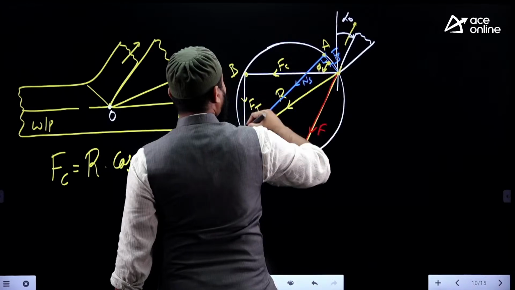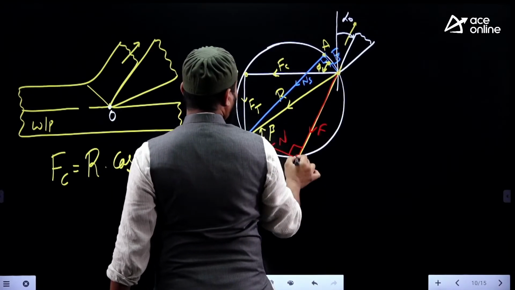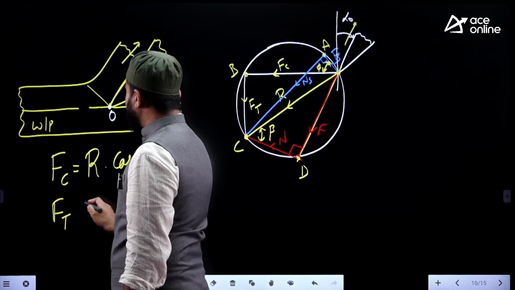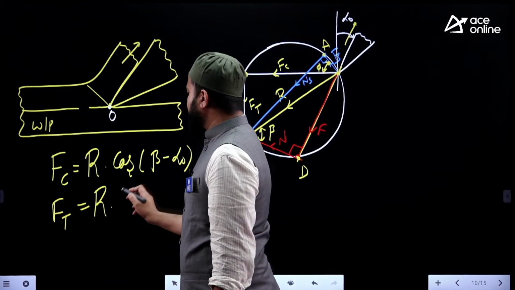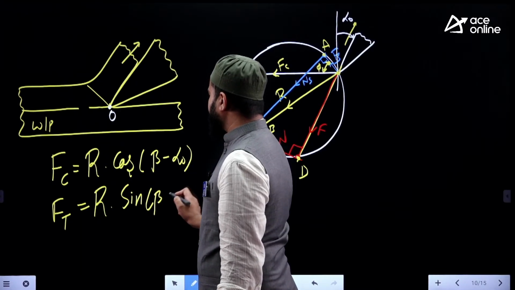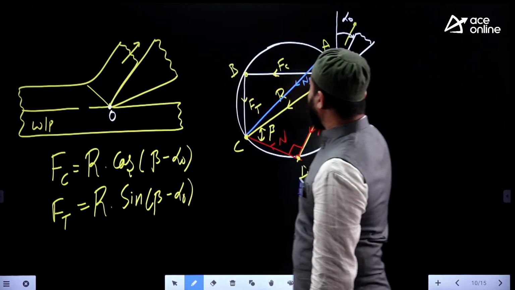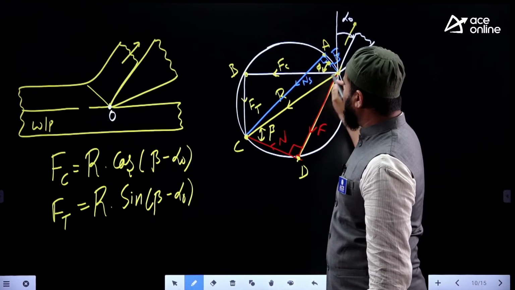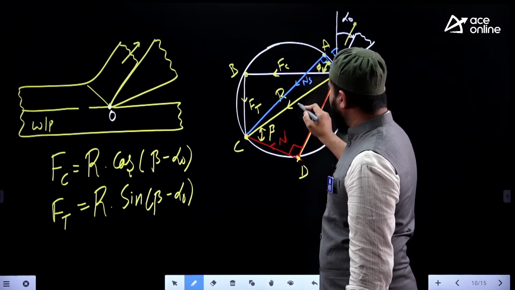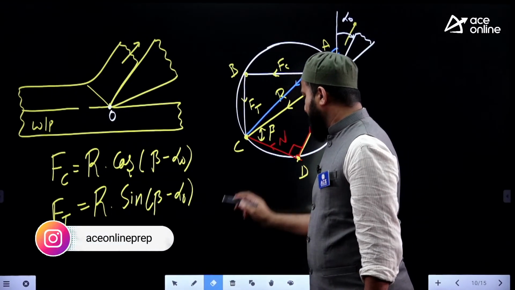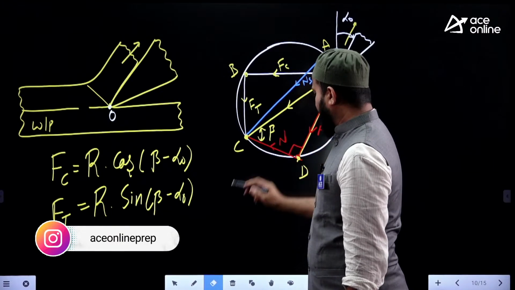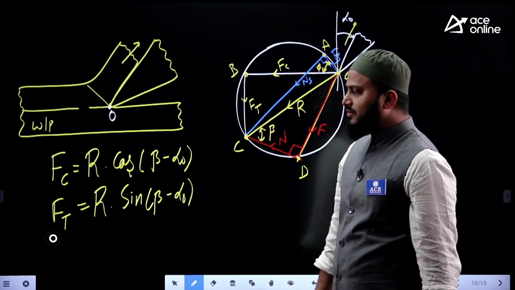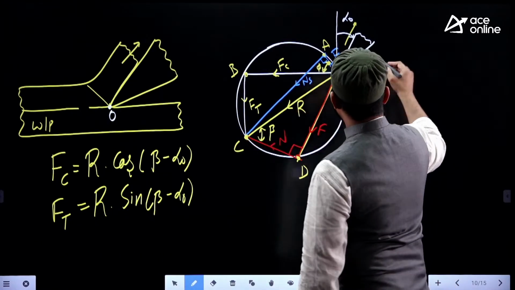Whereas OAC will provide the shear force and normal shear force, and ODC will provide the friction and normal friction force. Cutting force Fc is R cos beta minus alpha, thrust force Ft is R sin beta minus alpha. These two equations we get from the right angle triangle OBC, where O is the tip of the tool and OC is the resultant, which is capital R. So in terms of the resultant, we are trying to express measurable and even dynamic forces.